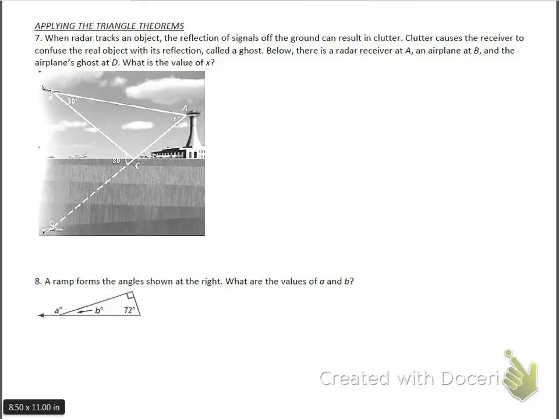Since 80 is the exterior angle, I subtracted 30 from 80, and then I got x equals 50. Okay, so I'm going to set this up algebraically. So we have x plus 30 equals 80, yes? Not 180, 80. So you subtracted 30, and we should get x equals 50 degrees. Thumbs up if you agree.